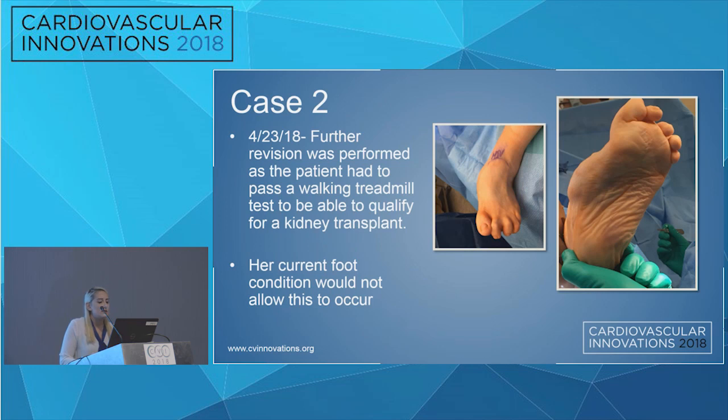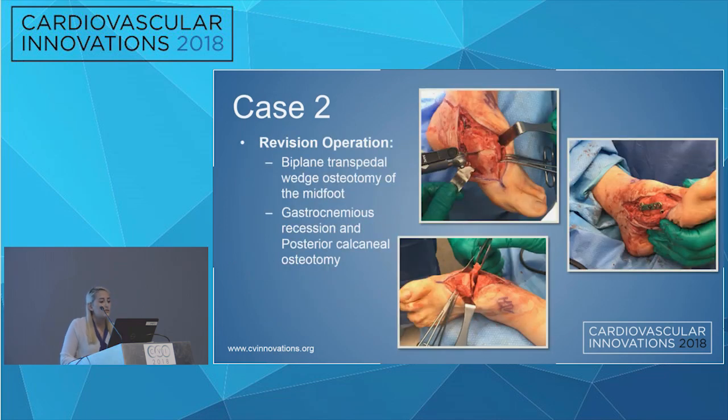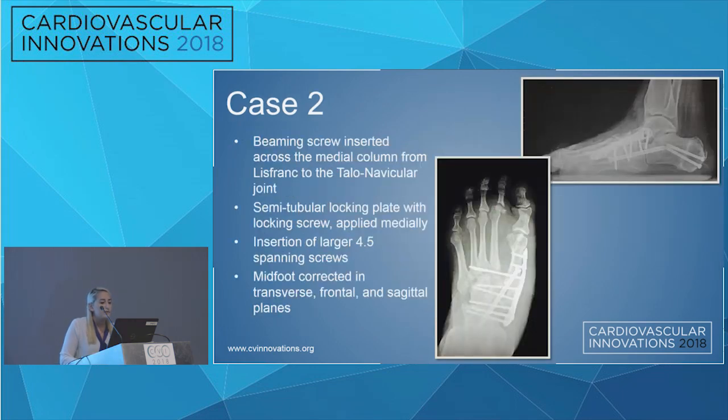And further revision needed to be performed because in order to receive her kidney transplant, she needed to pass a walking treadmill test. So the revision operation consisted of a biplane transpedal wedge osteotomy of the midfoot, a gastroc recession, and posterior calcaneal osteotomy. A bone-to-bone screw was also inserted across the medial column from the Lisfranc to the talonavicular joint in order to maintain stability in the non-compliant patient.